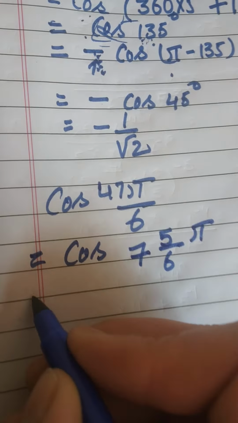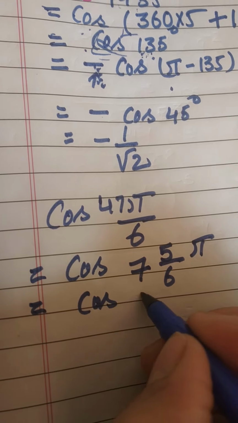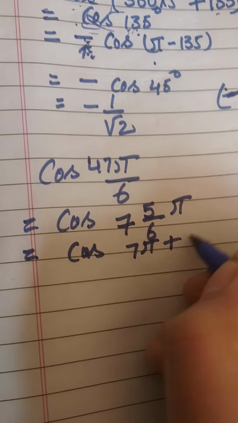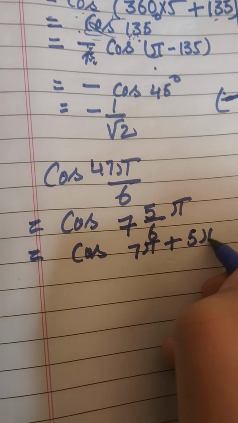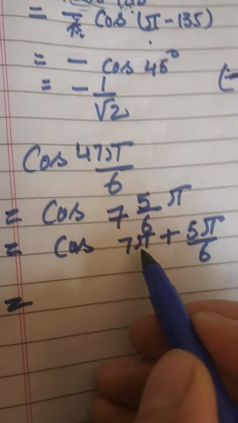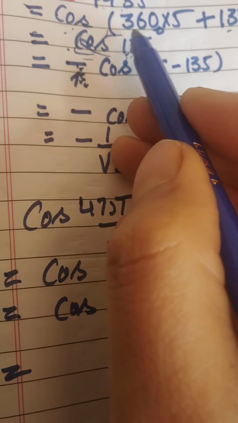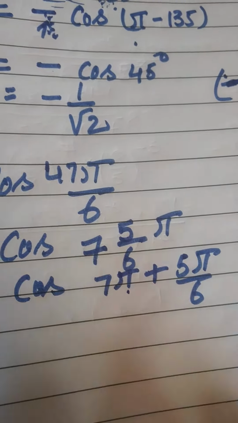So what does this mean? 7 and 5 over 6 pi, that means 7 pi plus 5 pi over 6. Now 7 pi, it's not the complete round. Here we took 360 degrees, here it is only a pi round. Okay, so we have to see.